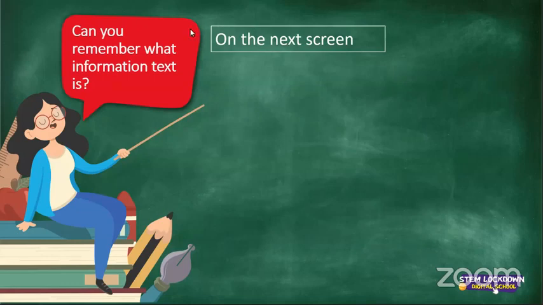Yay, I've got JD. JD, what is information text? Ma'am, information text is a text that gives you information about a story or something. Okay, and what does it look like compared to a story? Can you remember what it looks like? It's got a certain structure.